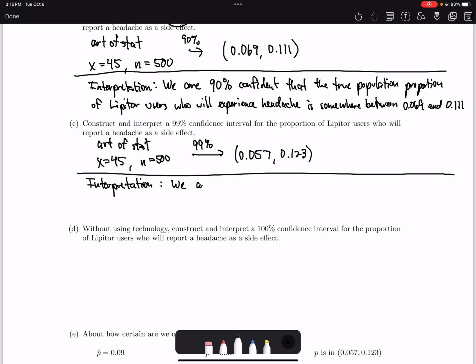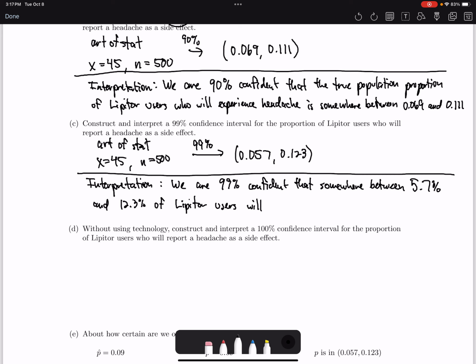We are 99% confident that somewhere between 5.7% and 12.3% of Lipitor users will experience headache. Okay, so that's another way that you could give the interpretation.